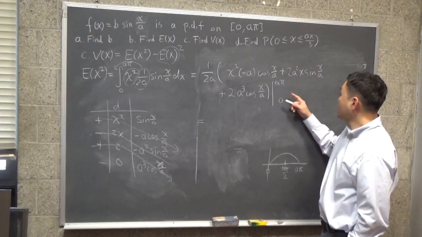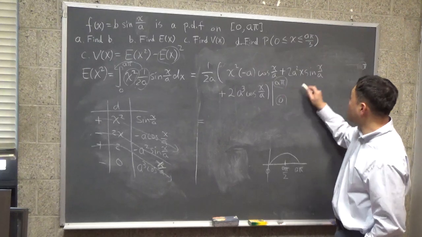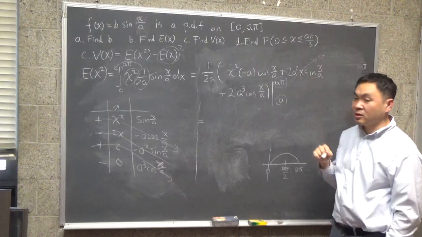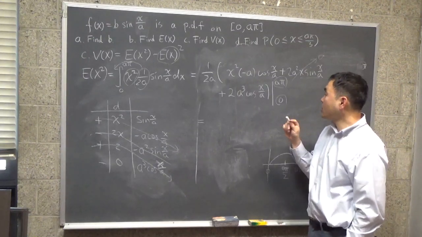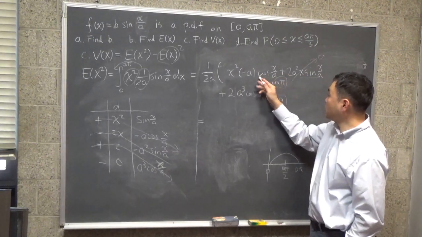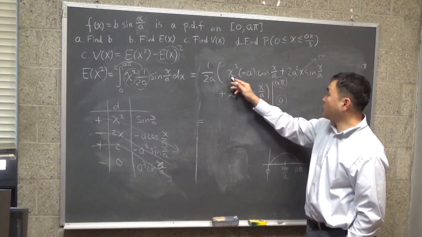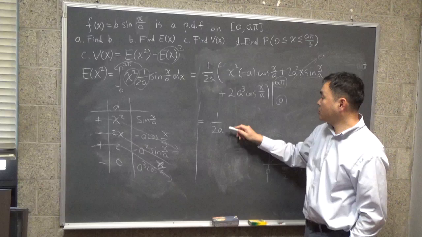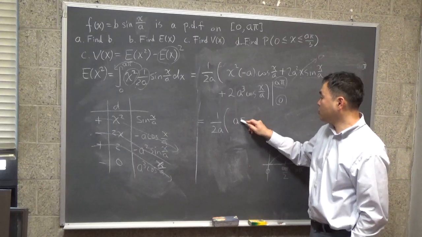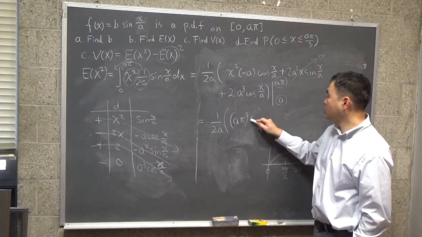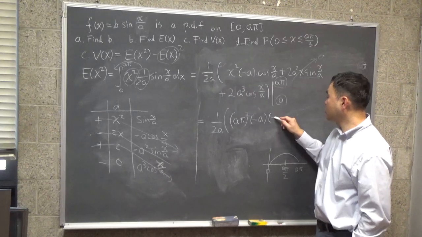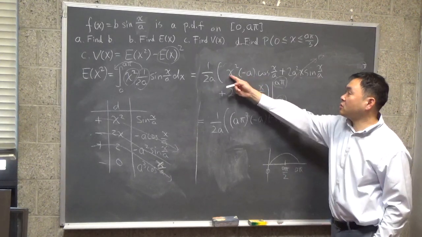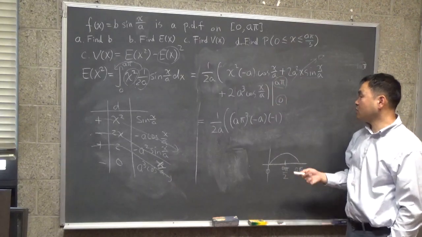Okay, again, when a pi and 0 are plugged into sine, they go away, so we don't get anything from here. When a pi is plugged into here, you get -1, a pi squared, and there's a minus, so you're going to get a pi squared minus a times -1 when a pi is plugged in. When 0 is plugged in here, 0 times anything is 0, so that doesn't give us anything.